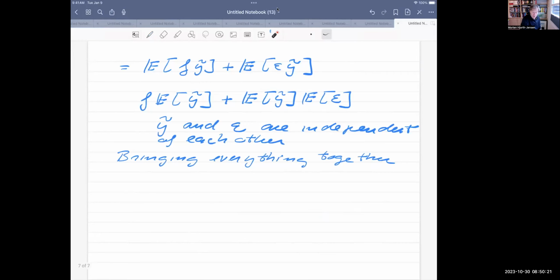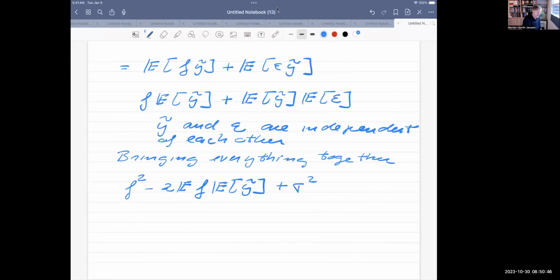So if I collect everything now, what I'm going to get is the following. I have an f squared minus 2 times f times the expectation value of y tilde plus sigma squared.